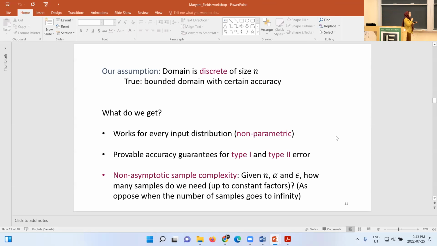To be more precise, what this means is that for a given n, the domain size, alpha, the proximity parameter, and epsilon, the privacy parameter, we come up with the exact number of samples that we need, up to constant factors. And we're not considering the case, as in some work, where the behavior of the tester is studied when the number of samples goes to infinity, or in the limit, basically.